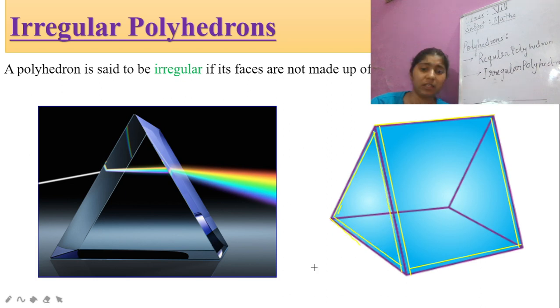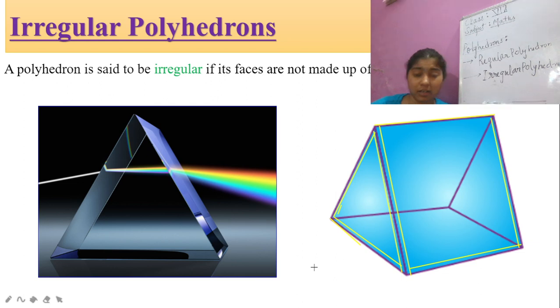So these are called irregular polyhedrons because they are not regular polygons. They are not considered regular because the faces are made of different polygons, so we cannot consider them a regular polyhedron. They come under the category of irregular polyhedrons.